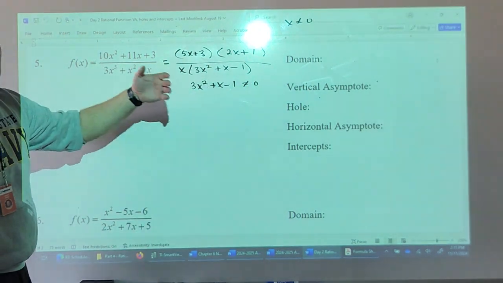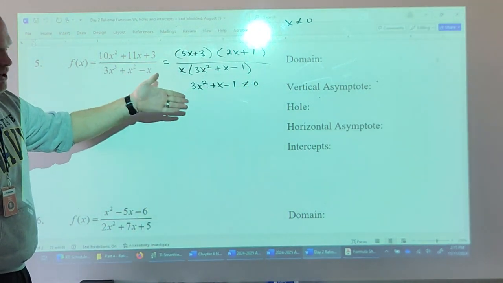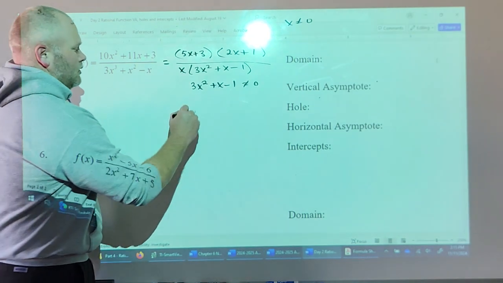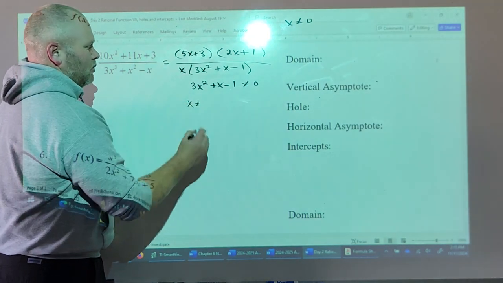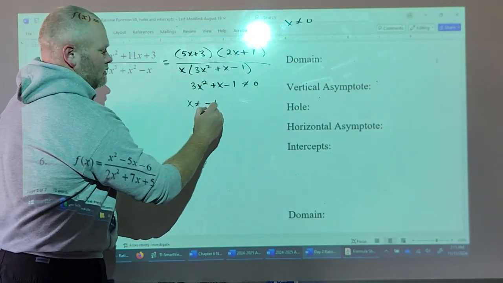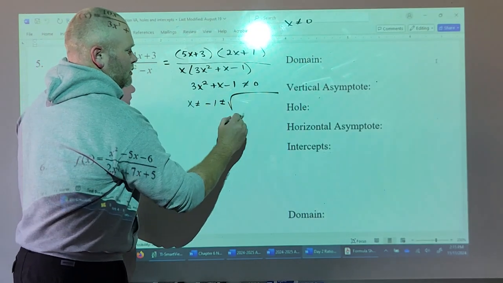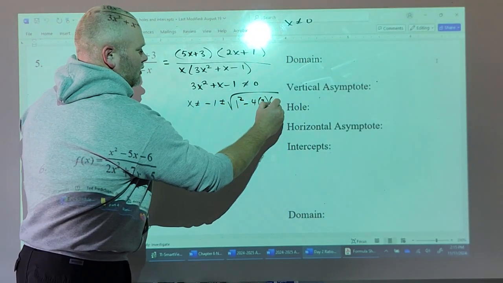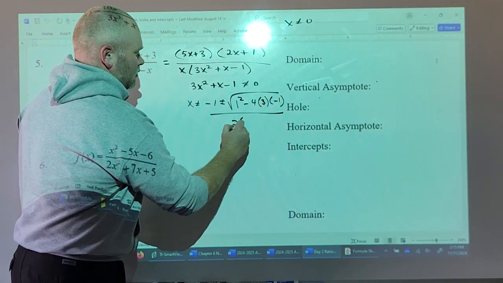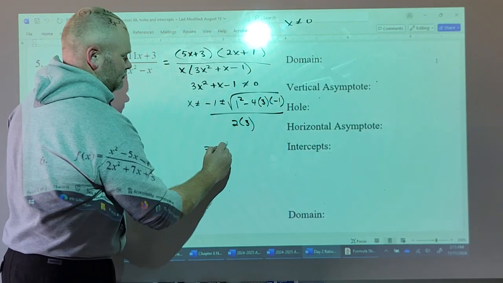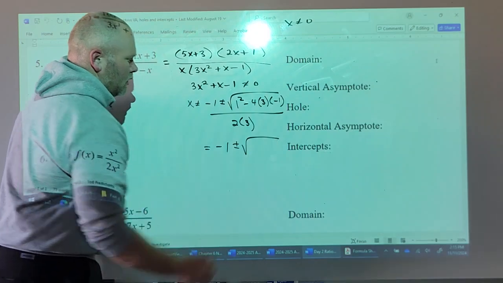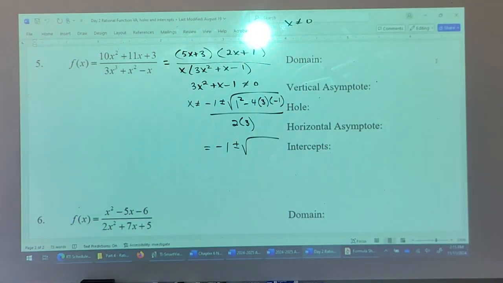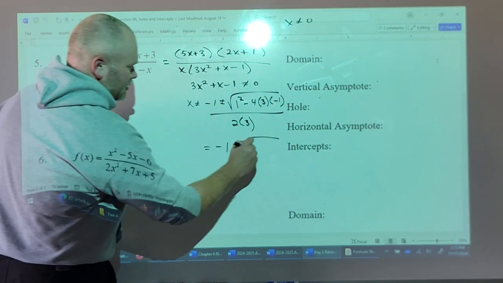So since it's unfactorable, trust the old quadratic formula. So x cannot equal the opposite of b plus or minus the square root of b squared minus 4 times a times c, all over 2a. Okay, so plug the stuff in underneath the square root. We get 13.